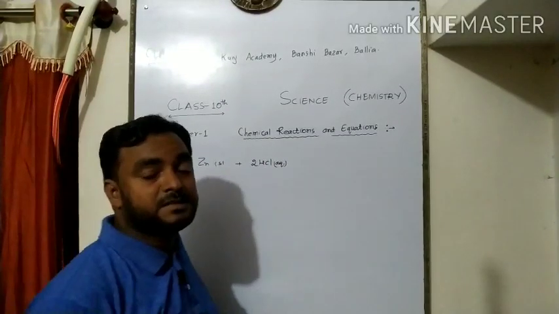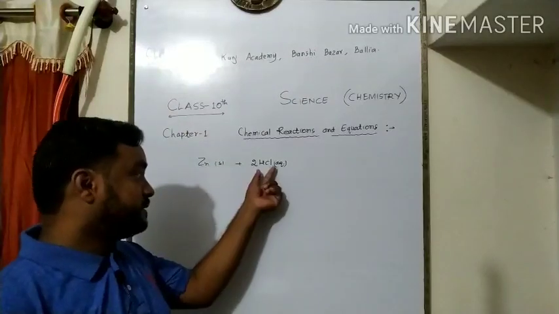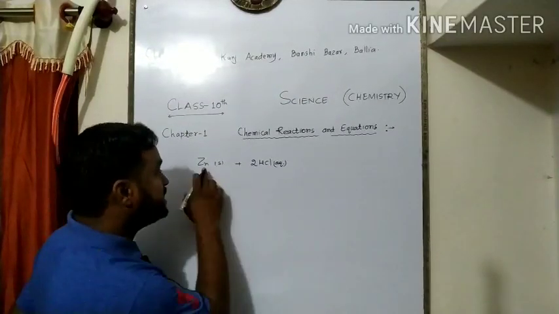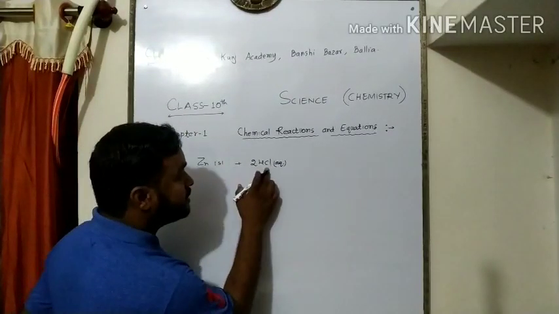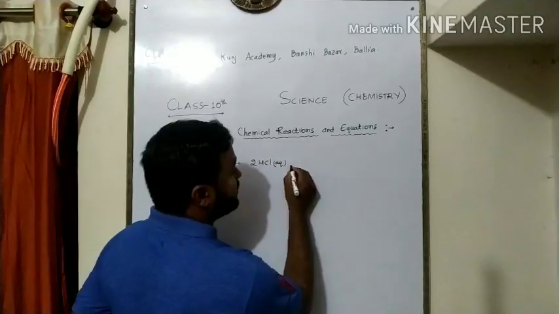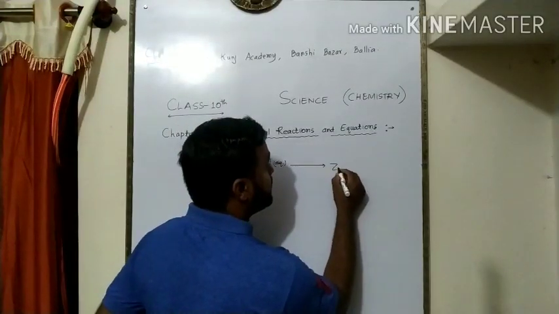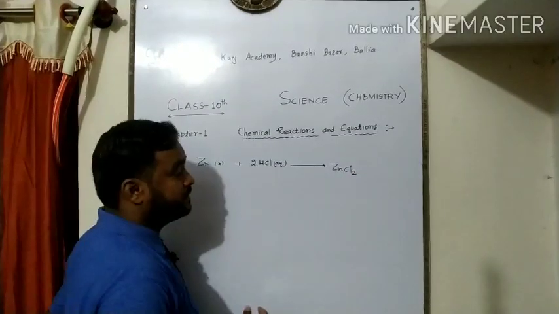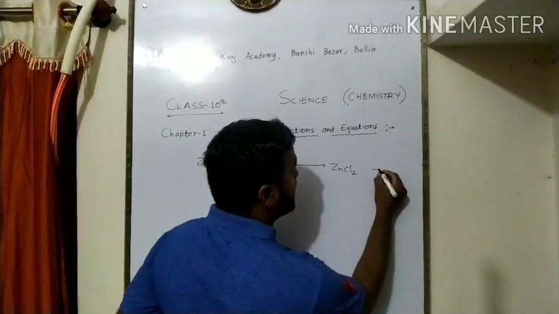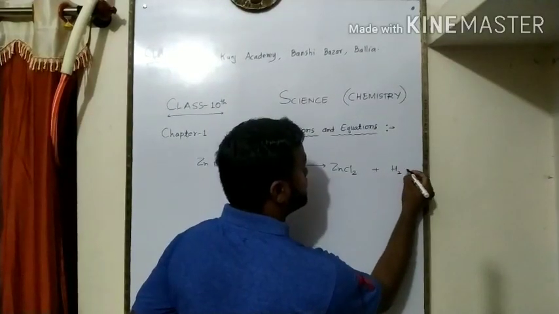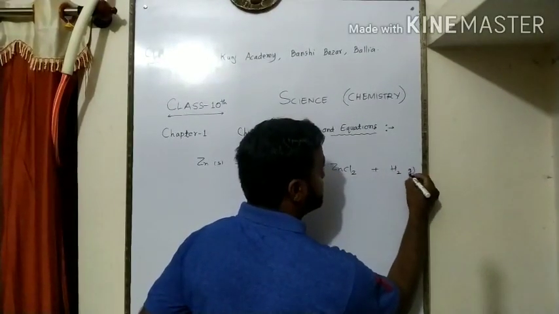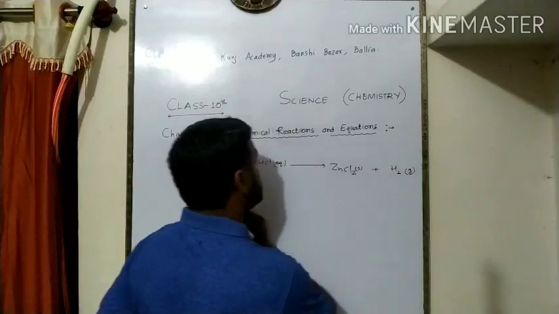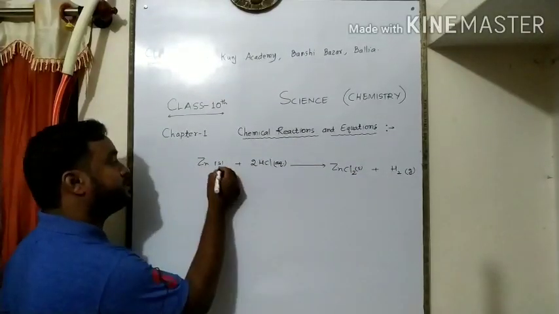HCl is a different substance, hydrogen chloride. When zinc granules are dissolved in hydrochloric acid, they will form different substances. One will be zinc chloride and another will be H2. This is present in the gaseous state, and the others in the solid and aqueous states.